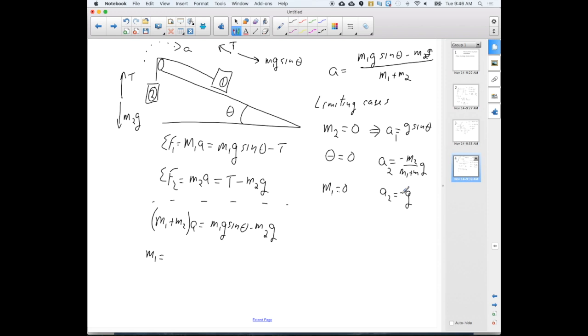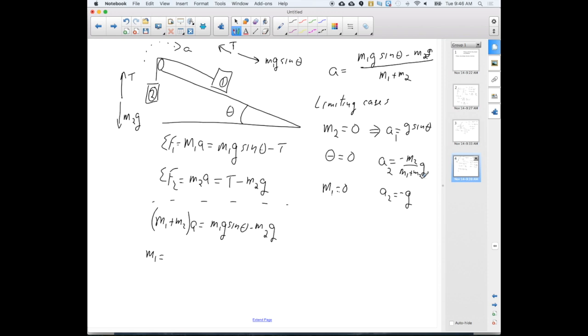So just to repeat, when theta is equal to 0, A2 is minus M2G over M1 plus M2. And when M1 is equal to 0, A2 is equal to minus G.